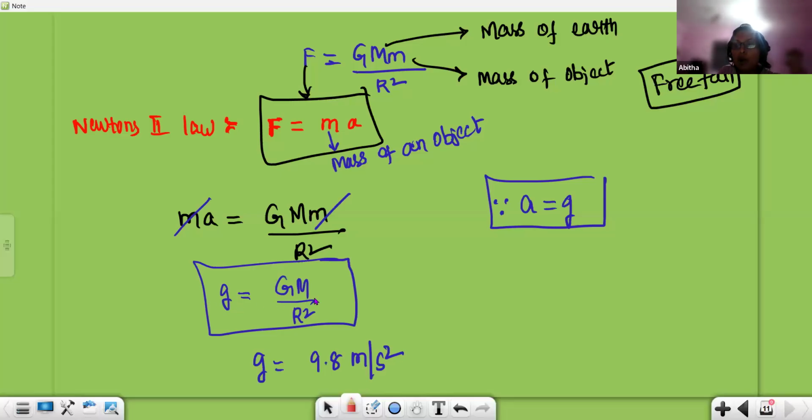From the formula, what we can tell is g is directly proportional to the mass of the earth.